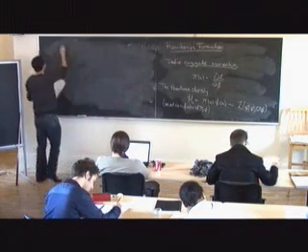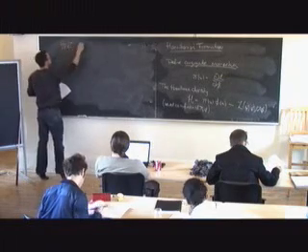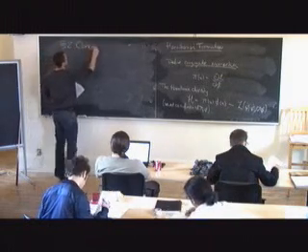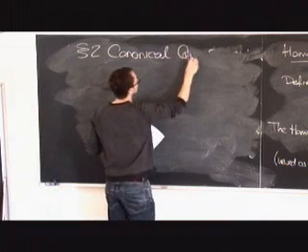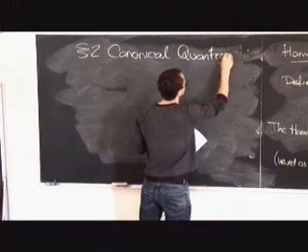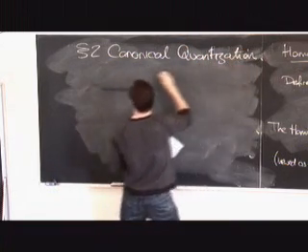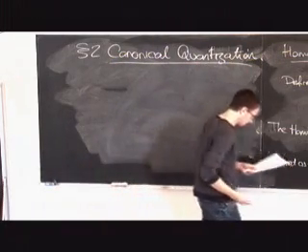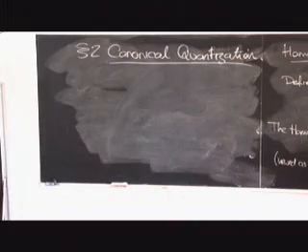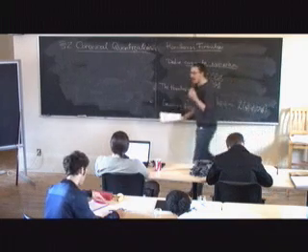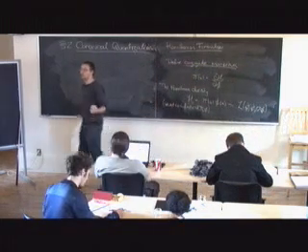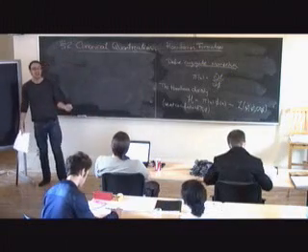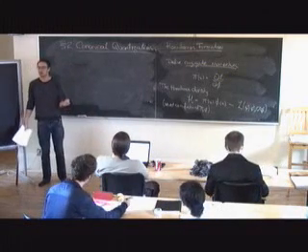Okay, so this is section 2, and it's canonical quantization. And I guess the one thing I really want to stress in this section is that there ain't nothing special about quantum field theory.